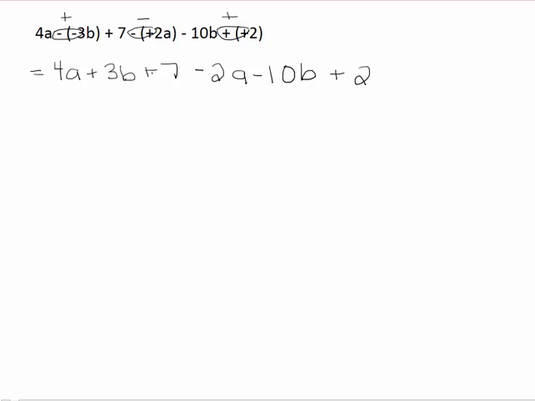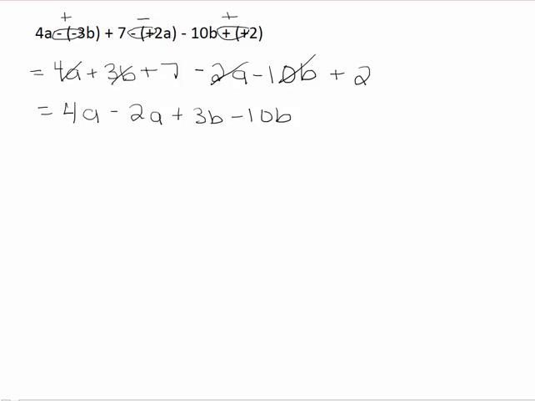Now we move on to our second step, which is grouping the like terms by their variable coefficients. We have a's, b's, and numbers. Let's group the a's together: 4a minus 2a. Let's group our b's together: 3b minus 10b.